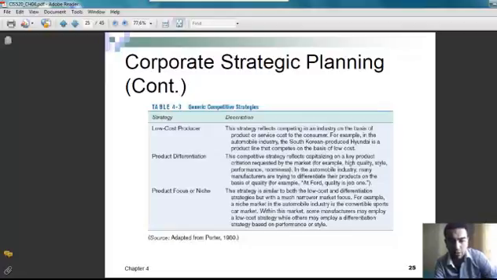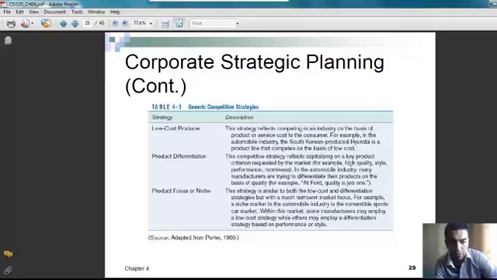Product differentiation: this competitive strategy reflects capitalizing on a key product criterion requested by markets, for example, high quality, style, performance, roominess. In the automobile industry, many manufacturers are trying to differentiate their products on the basis of quality. For example, at Ford, quality is job one.